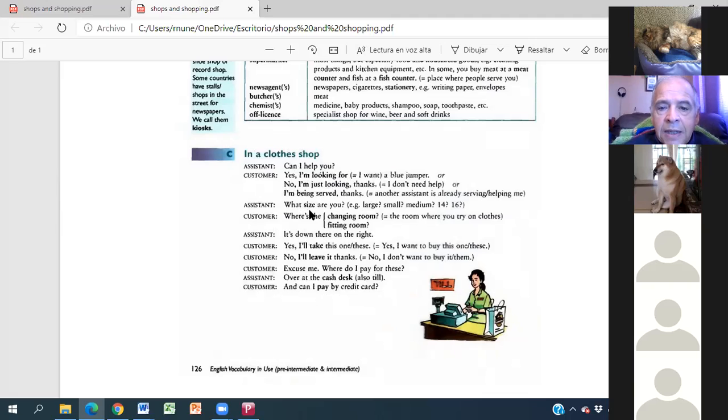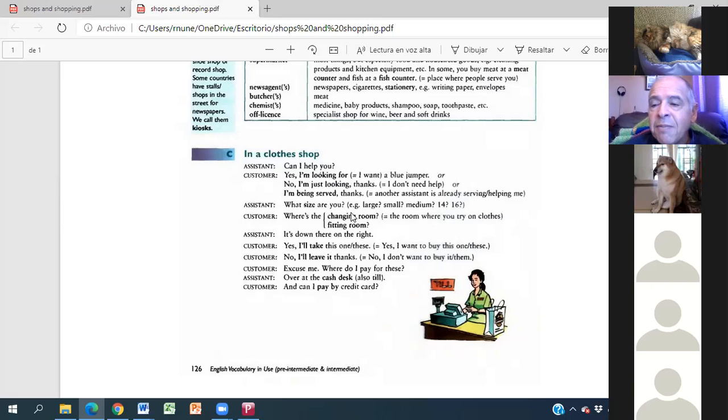Okay. What size are you? That means, are you large, small, medium, 14, 16? For example, in the United States, the shoes are, here we have 40, 30 something, or in the United States, it's 3, 4, 7.